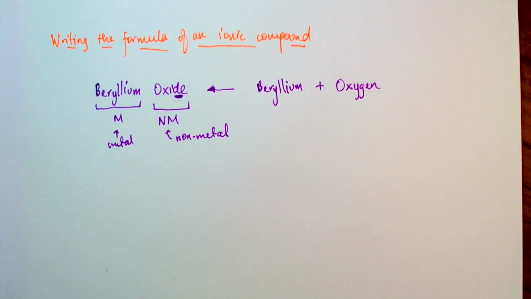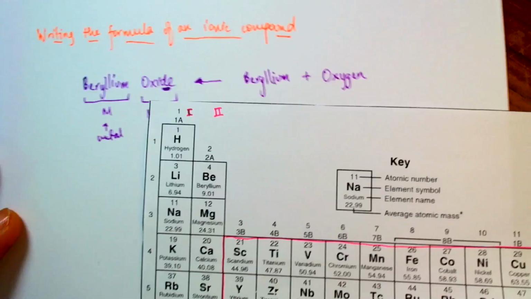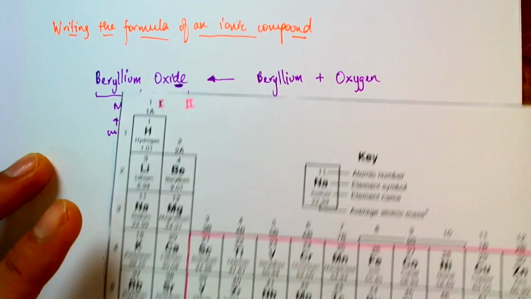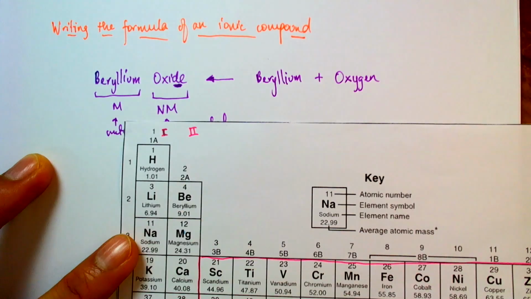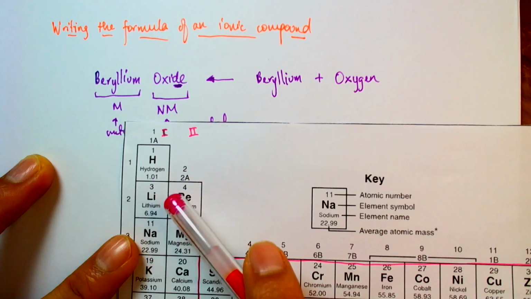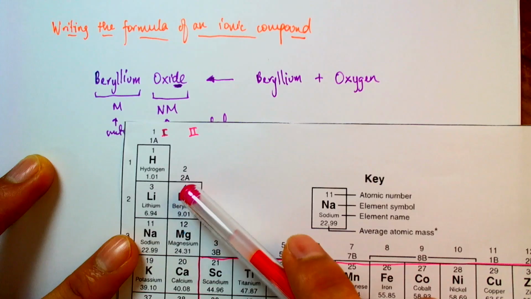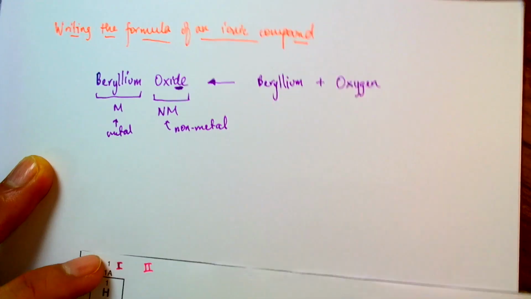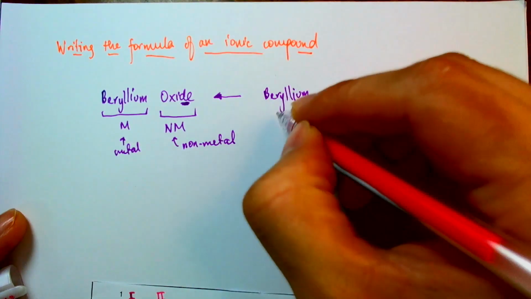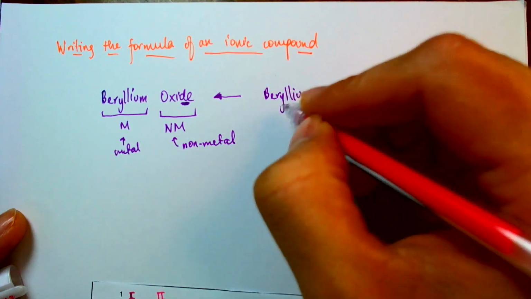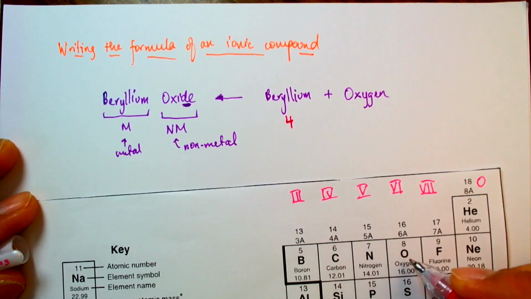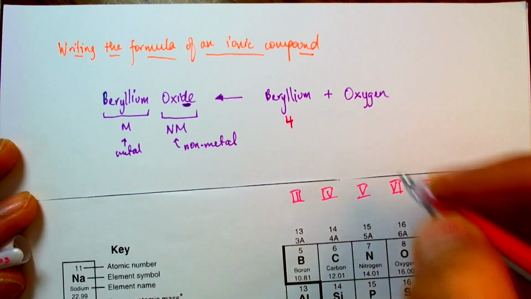So I'll look up the periodic table, and I find beryllium in group 2. Beryllium is element number 4, but what I'm concerned with is the number of electrons in its valence shell. Since it's in group 2, it's got 2 electrons in the valence shell, and indeed beryllium is element number 4, and oxygen is element number 8.